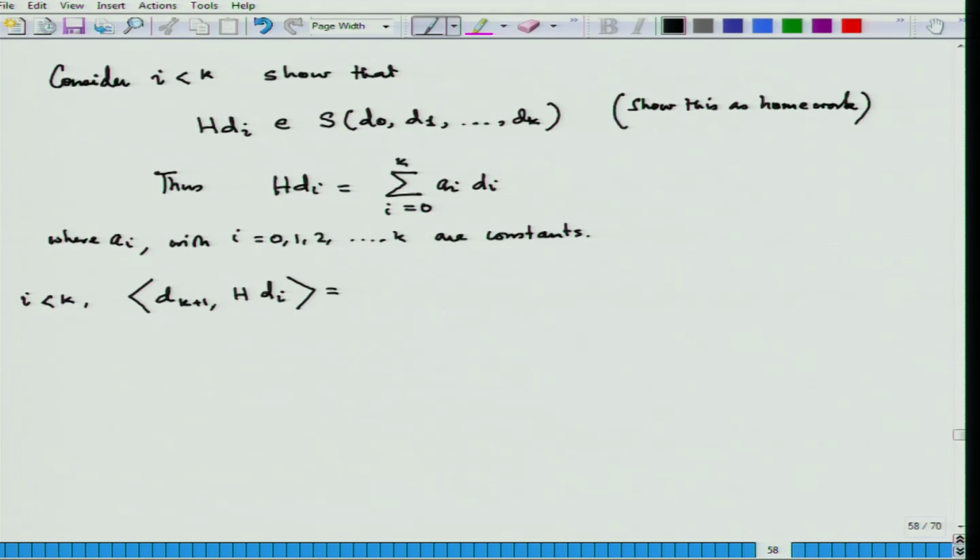Now, what I want to, how do I prove that? I need to prove that this is 0. So, how do I do this? So, I will write down h d i is, so this goes the calculation.